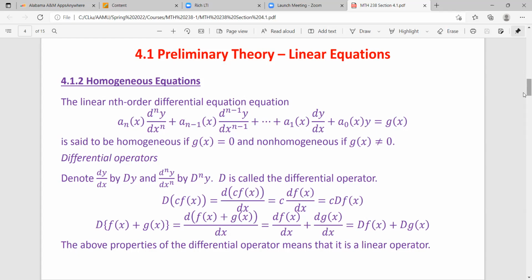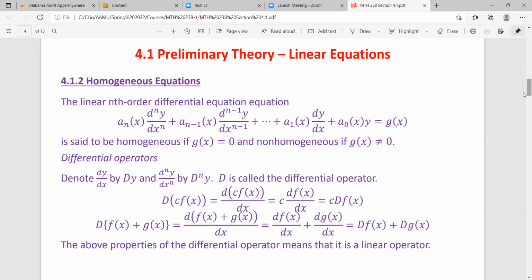So what does it mean by differential operator? Let's just denote dy over dx by capital D y. I think we learned this in Calculus 1. You can denote or write the derivative function in different ways. This is just a different notation. And similarly, we can rewrite the nth derivative of y as capital D to the power n y.